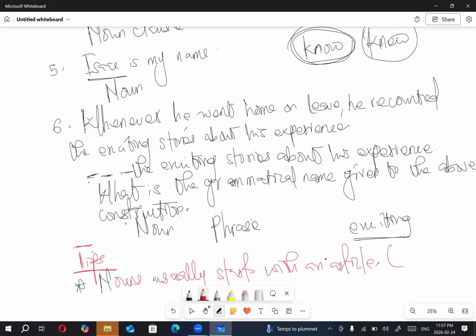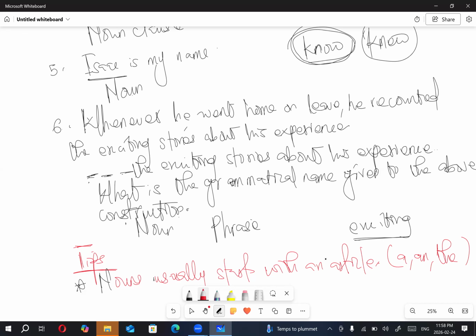And you can see from the examples I gave you, the English articles are a, an and the. These are the common English articles, right? Is it evident?